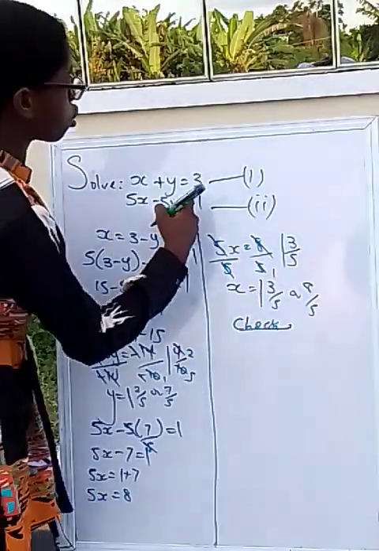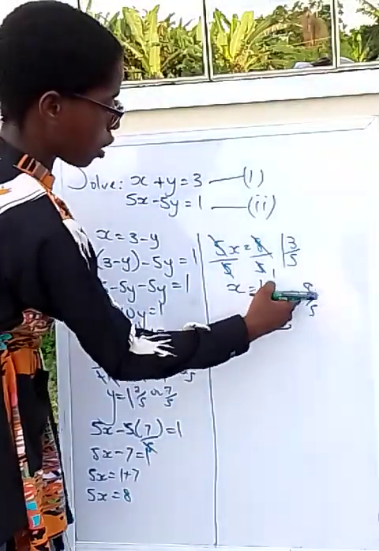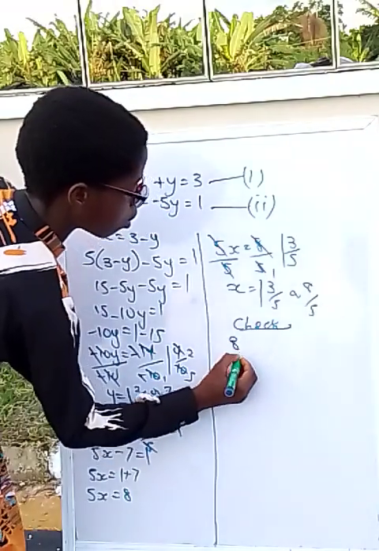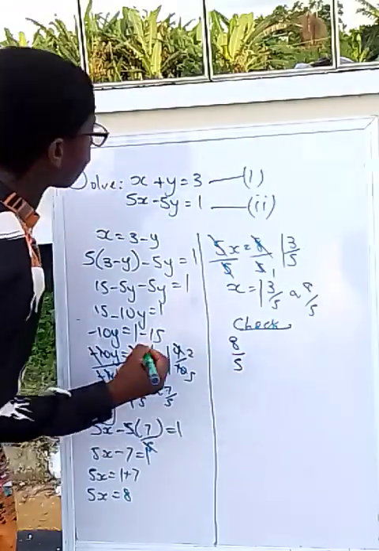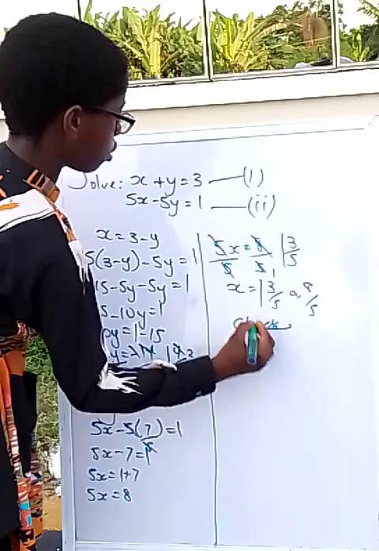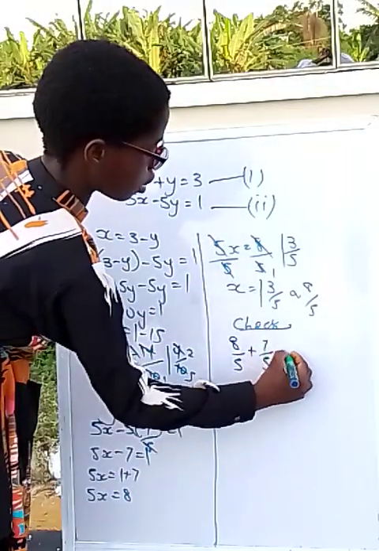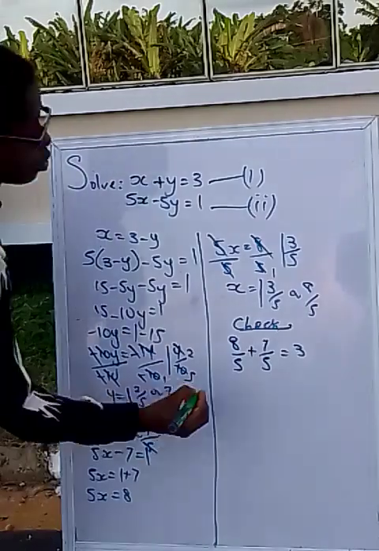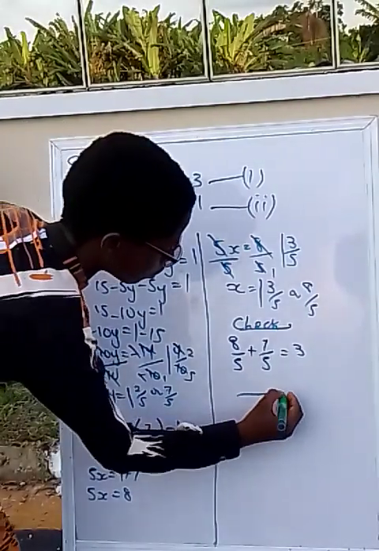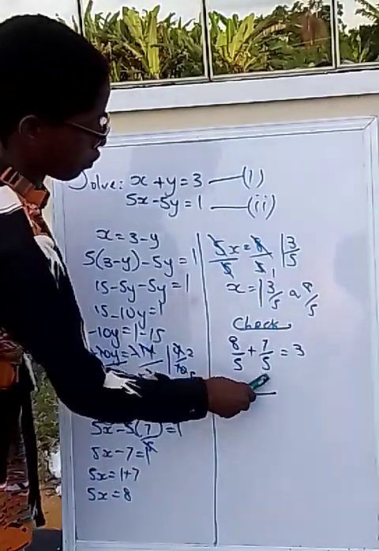So 8 over 5 plus y, our y is 7 over 5, equals 3. So we find the LCM of 5 and 5, and the LCM of 5 and 5 is 5.